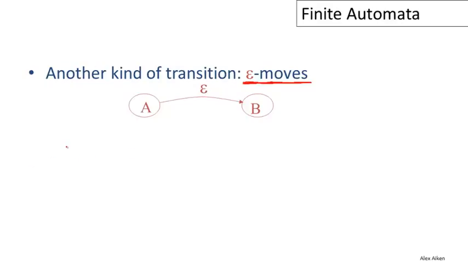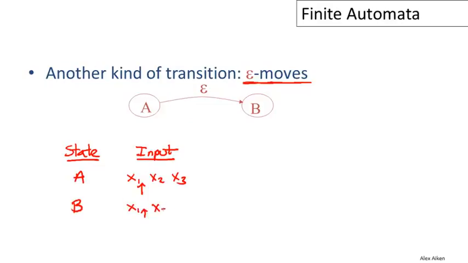So for example, if I have my state, and I'm in state A, and my input, and let's just say that we have x1, x2, x3, and for some reason we're about to read x2. When we make an epsilon move, the machine changes state, but the input pointer stays in exactly the same place.